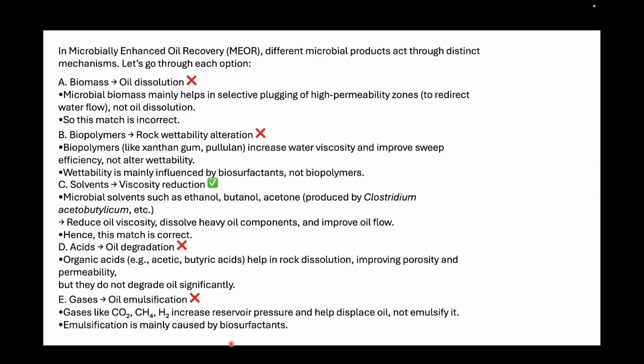So emulsifiers are biosurfactants. Gases like CO2 and methane increase the reservoir pressure and help displace the oil, and do not emulsify it. Emulsification is mainly caused by surfactants. So therefore C is the only correct option, where solvents are used for viscosity reduction. All other options are incorrect matches.